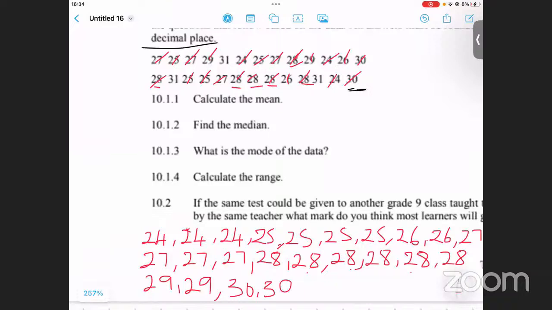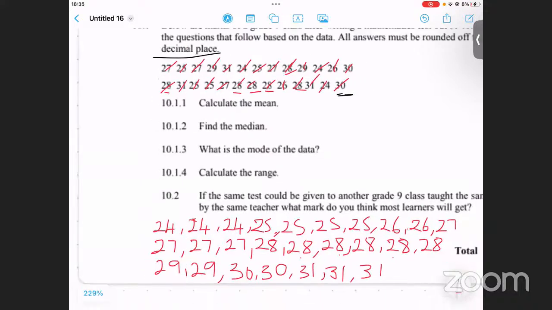Then 31, 31, another 31, another 31, and the last one.